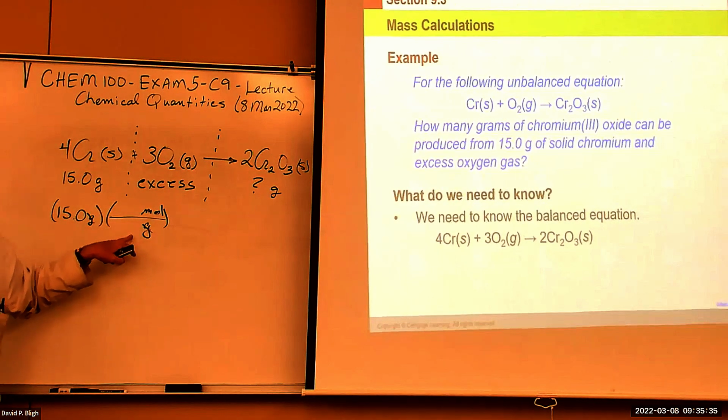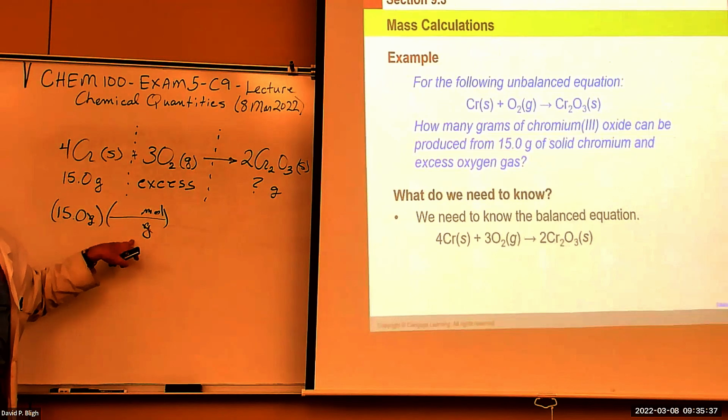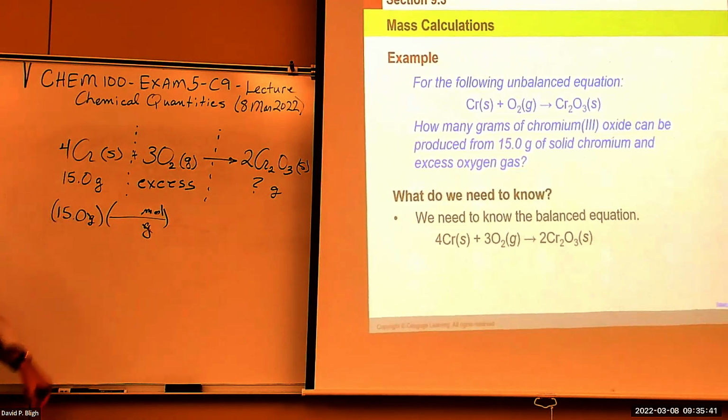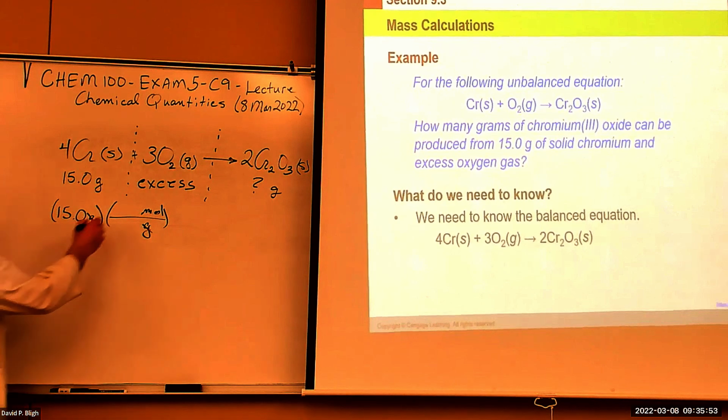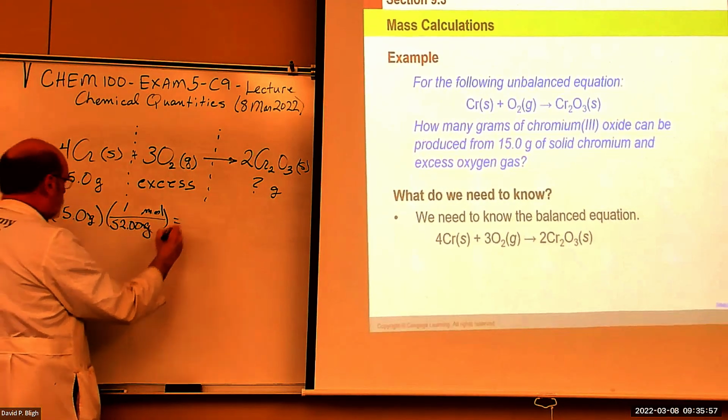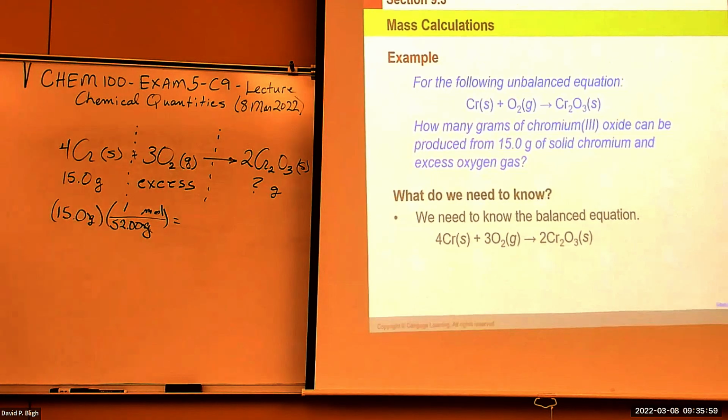Anytime you have moles and grams in a quotient, that's molar mass. So the molar mass is chromium. We go to our periodic table and look up chromium. Chromium is here, 52.00 rounded off. So we divide 52 into 15.